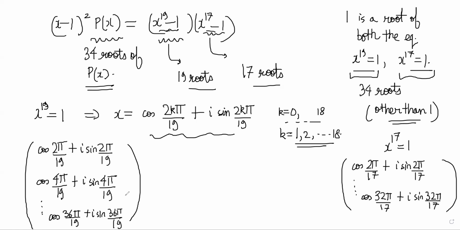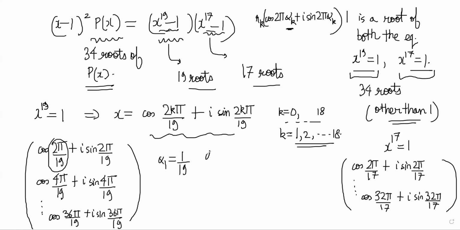If you notice, the way the alpha was written was rk cos of 2 pi alpha k plus i sine of 2 pi alpha k. So alpha k is this angle divided by 2 pi. So alpha 1 would be 2 pi by 19 divided by 2 pi, which is 1 by 19.